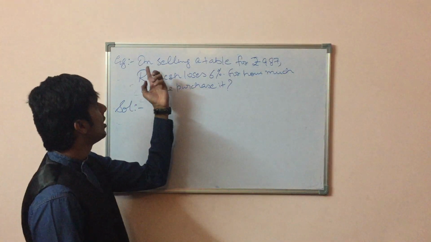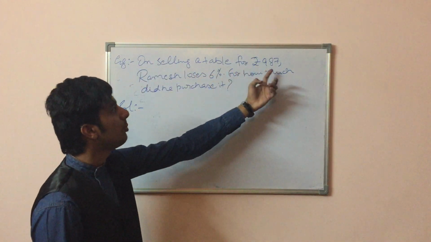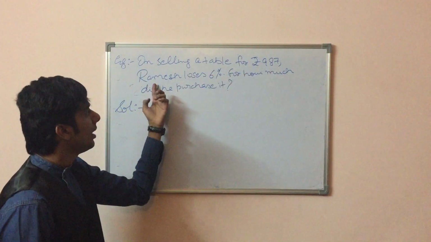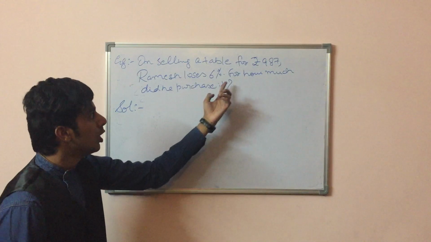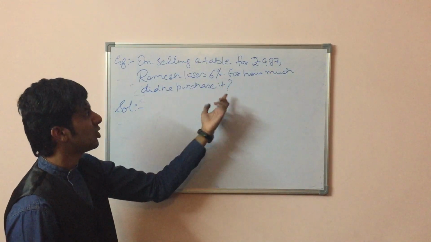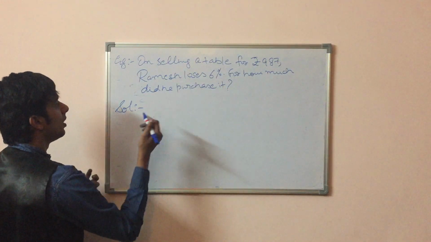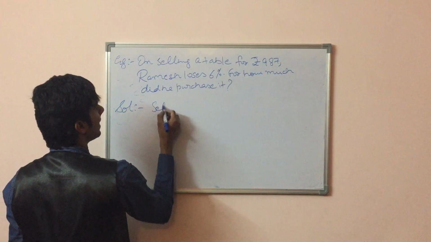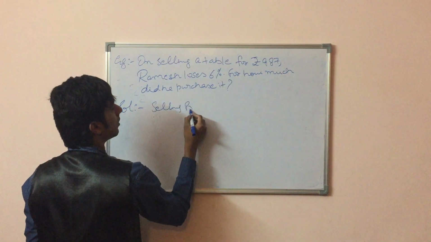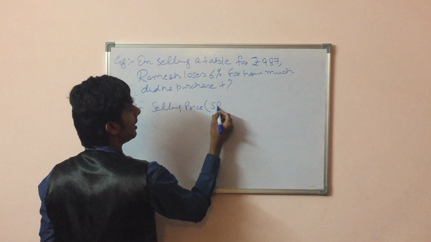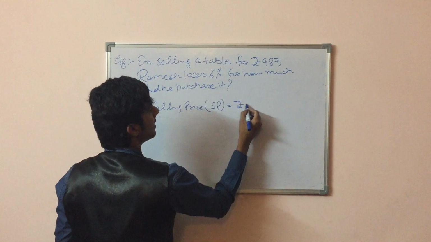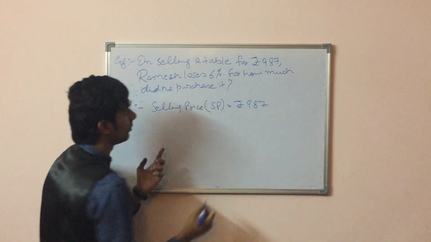So our question is, on selling a table for rupees 987, Ramesh loses 6%. For how much did he purchase it? So we have given that selling price, also called SP, is rupees 987, right?